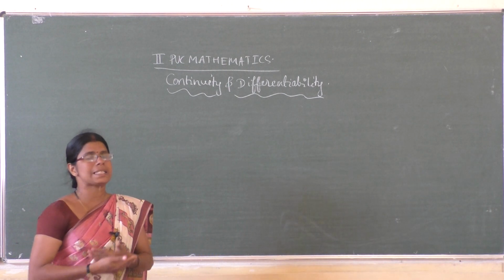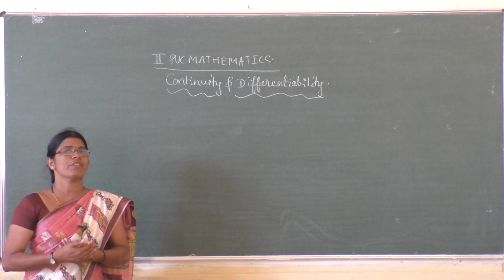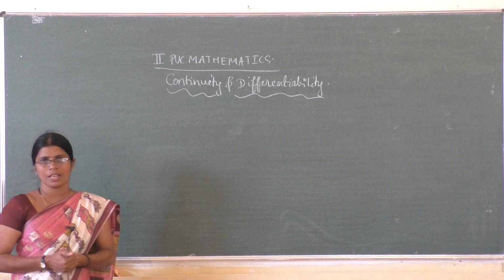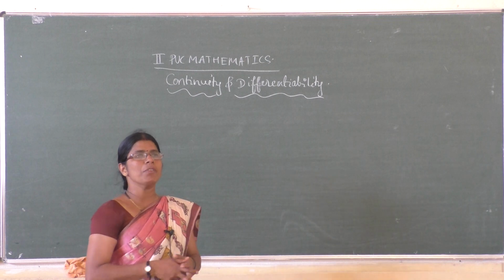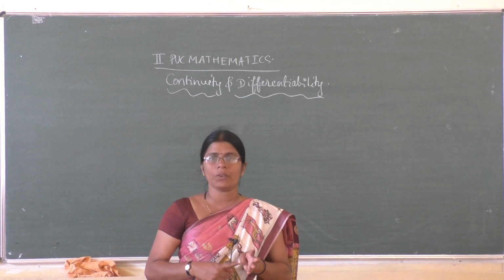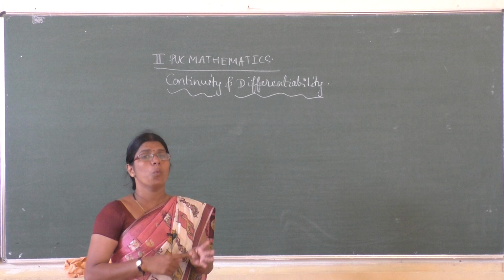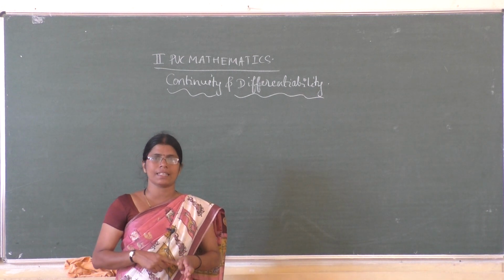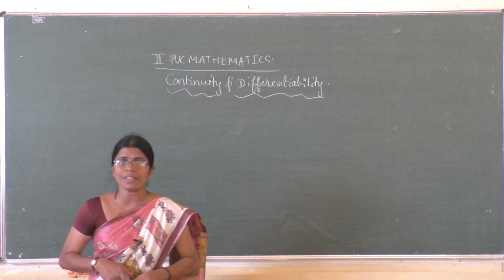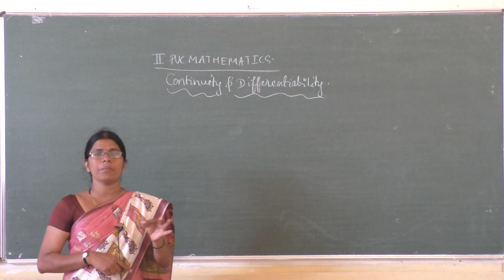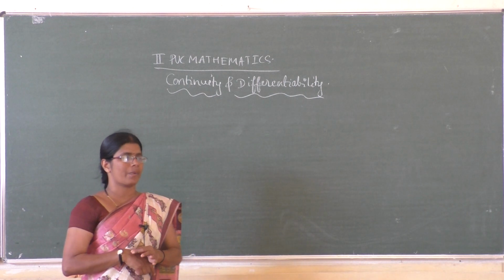So now once again recall the derivatives of inverse trigonometric functions. The derivative of sine inverse x with respect to x is 1 by root of 1 minus x square. Derivative of cos inverse x is minus 1 by root 1 minus x square.